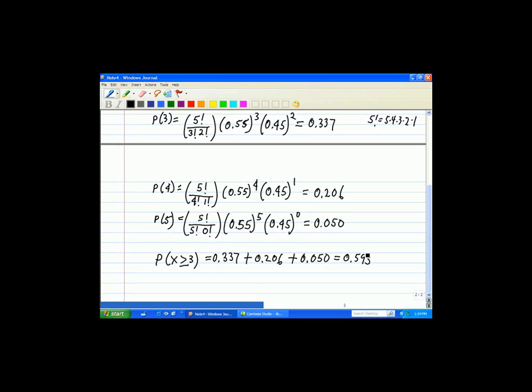In other words, the probability that the Hawks will win 3 or more of the next 5 games is 0.593, or 59.3%.